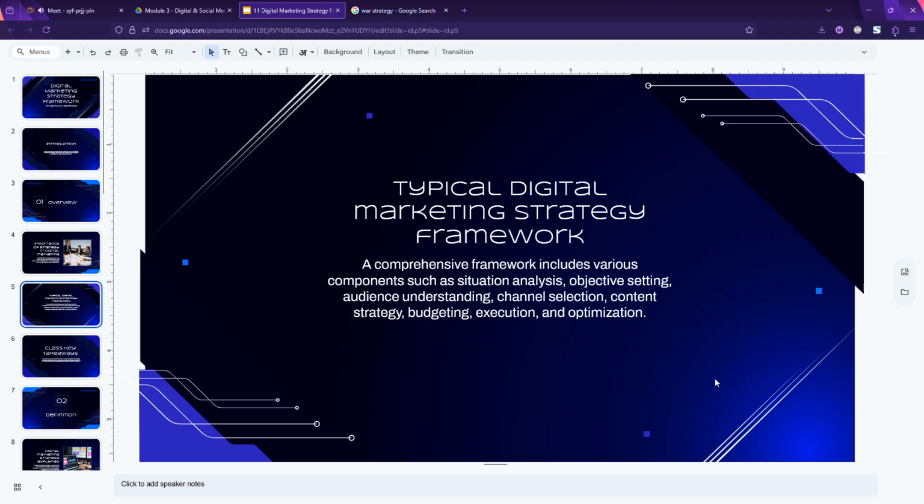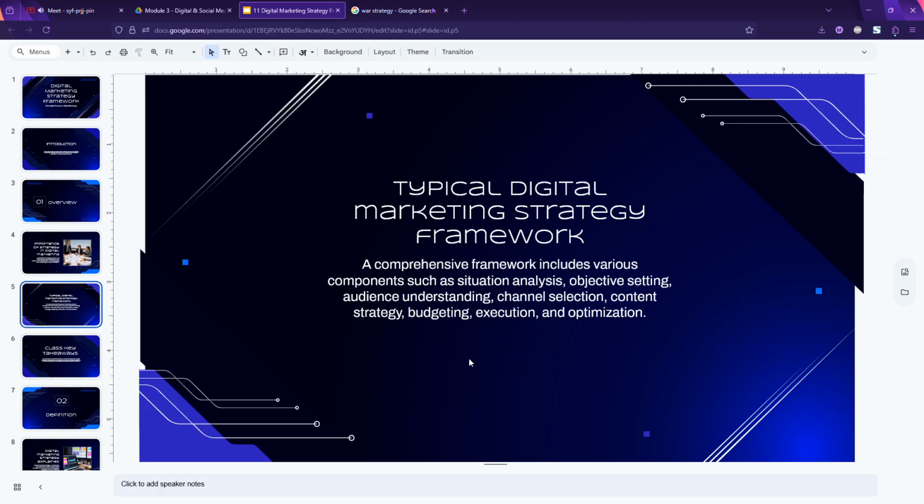So, the typical digital marketing strategy framework. A comprehensive framework includes various components such as situation analysis, objective setting, audience understanding, channel selection, content strategy, budgeting, execution, and optimization.